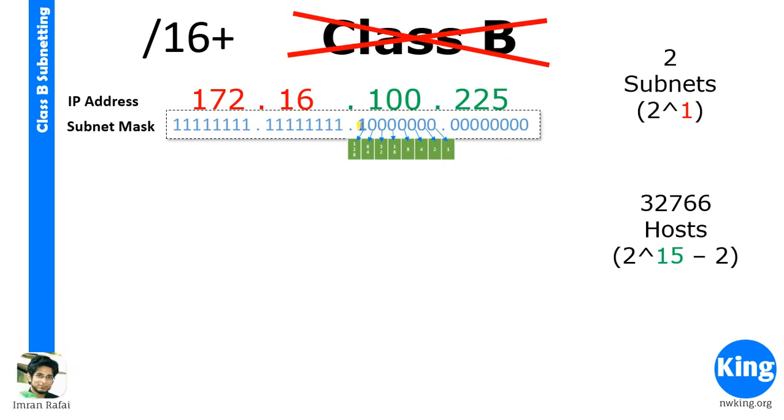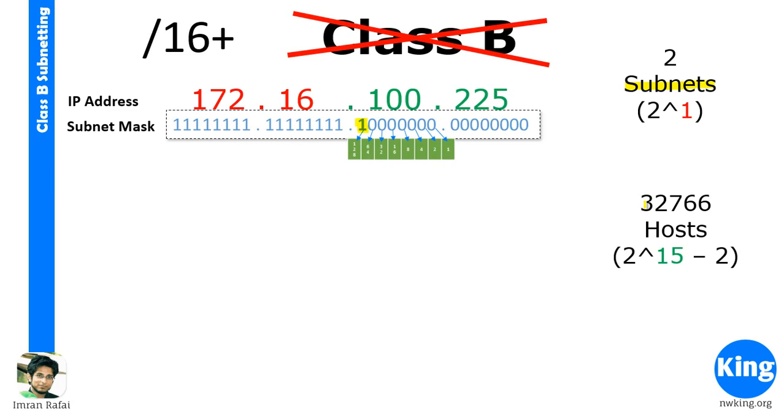Alright, so we see that 1 bit is borrowed. 1 bit borrowal means you get 2 subnets, 2 to the power 1, which also means that you get 2 to the power 15. 15 is nothing but the number of zeros, so 2 to the power 15 minus 2 hosts, that is 32,766 valid hosts.